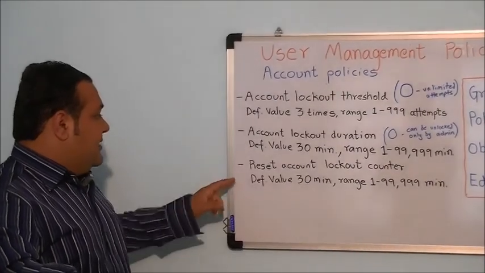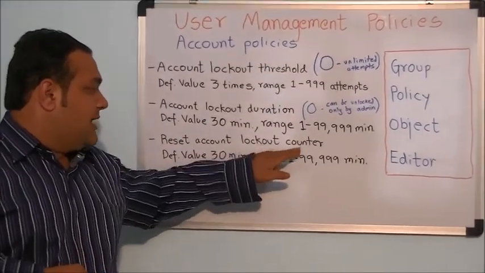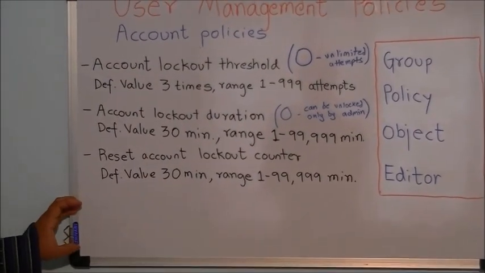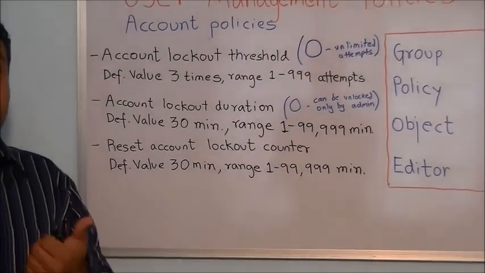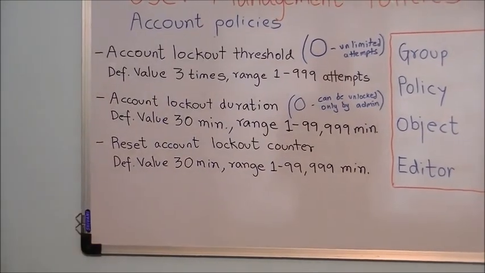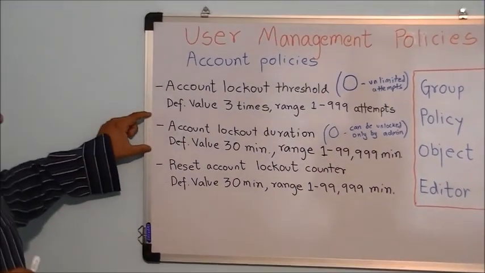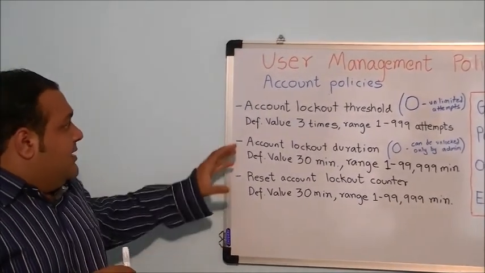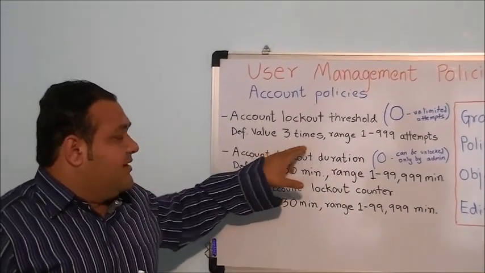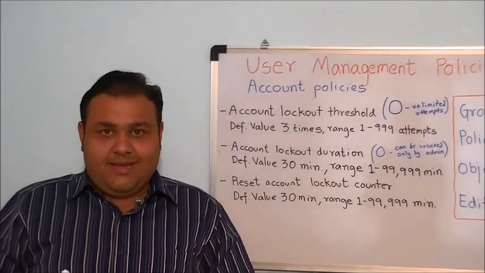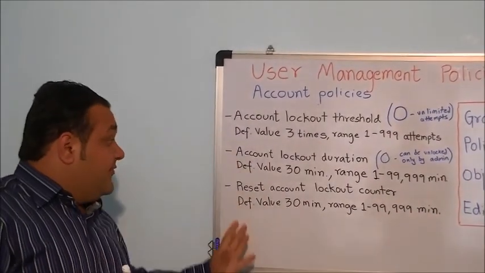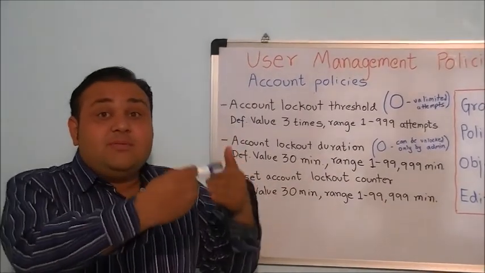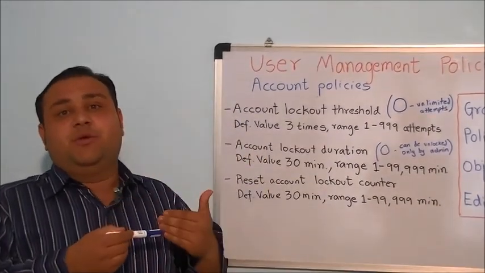Now next is reset account lockout counter. This policy determines a duration. Duration for what? Duration for this account lockout region. As we know, there is a certain number of attempts, so after what time period will the attempts counter go back to 0?